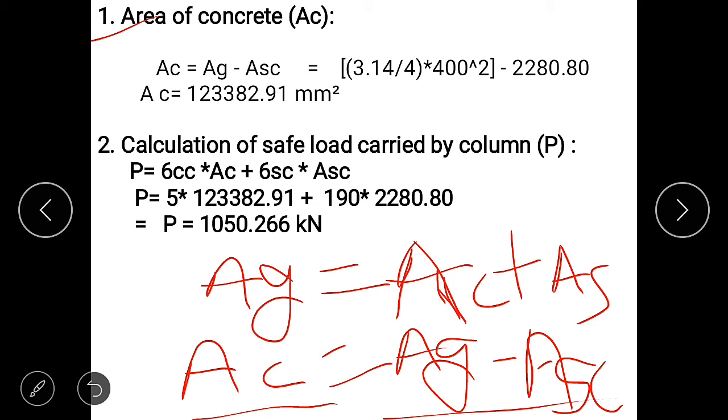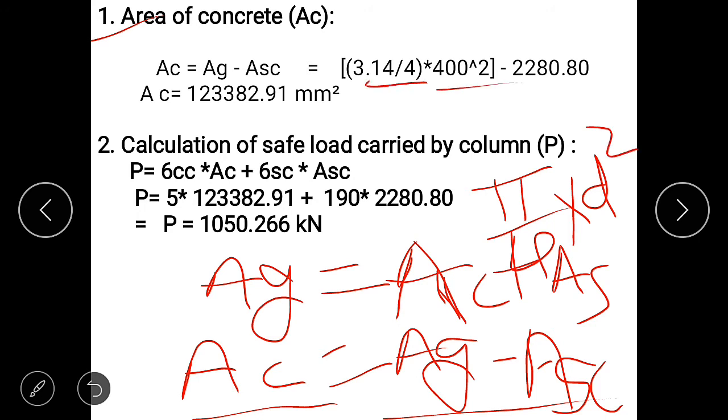AG means column area. Our column is circular, so AG is pi by 4 into d square, where d, the diameter of column, is 400. Minus ASC, which we already calculated because 6 bars of 22 mm diameter are given, 2280.80.